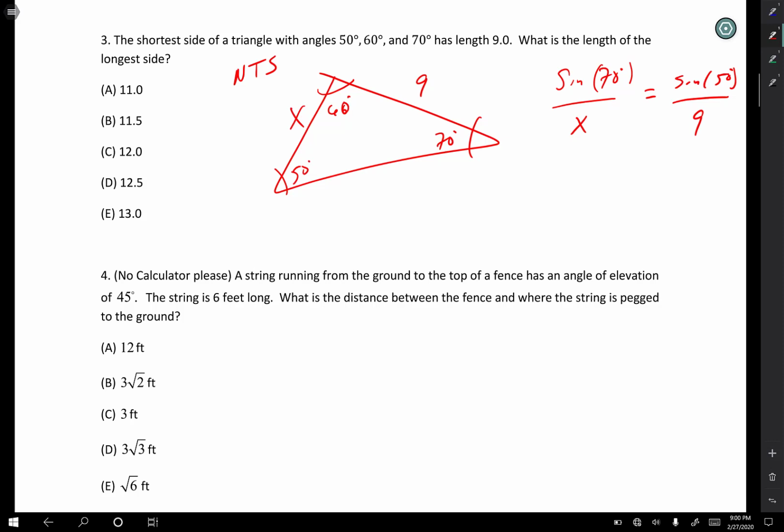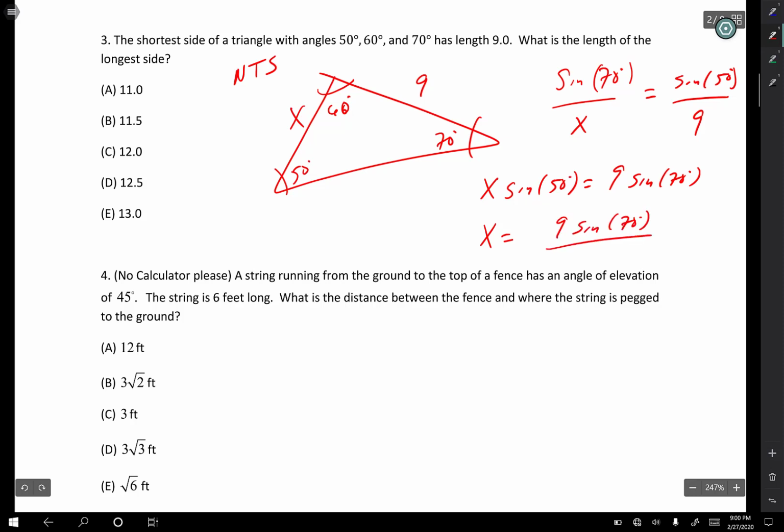So X sine 50 degrees equals 9 sine 70 degrees. And I'm just going to divide by sine 50 to get X by itself. X equals 9 sine 70 degrees over sine 50 degrees. So I type that into my calculator, and you get 11.0401, and there it is.